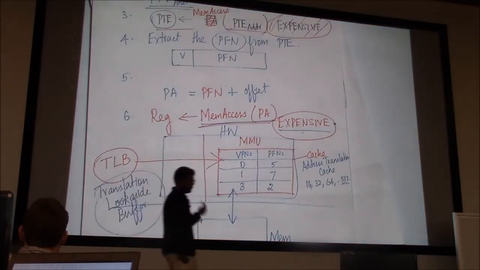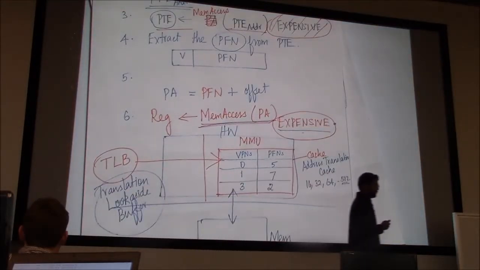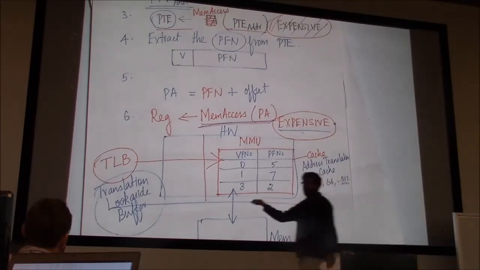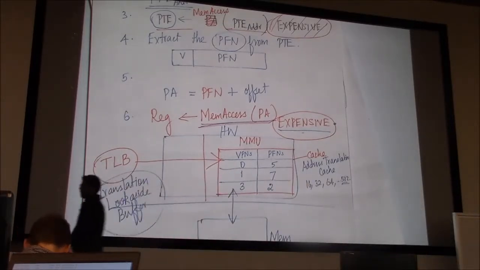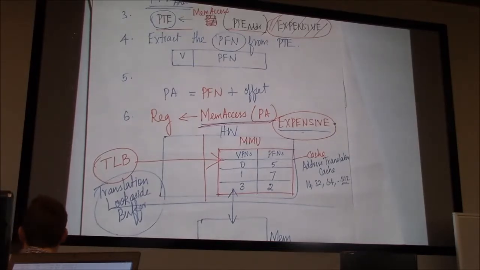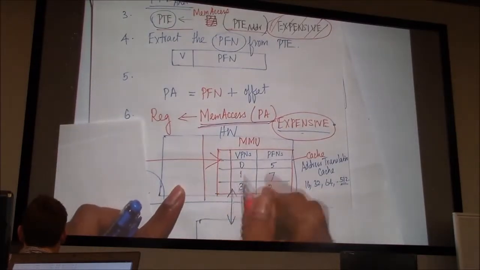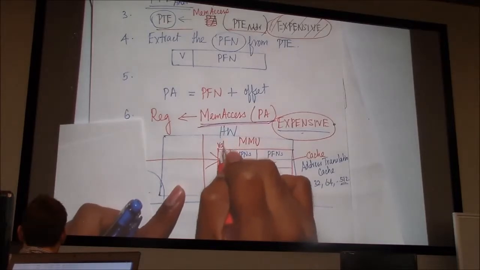Does the translation look-aside buffer also store whether they're valid or not? Exactly, yeah. We'll get into those details right now. So the question is, will the TLB store if a particular translation is valid or not? The answer is yes. Along with these things, it has something called a valid bit.